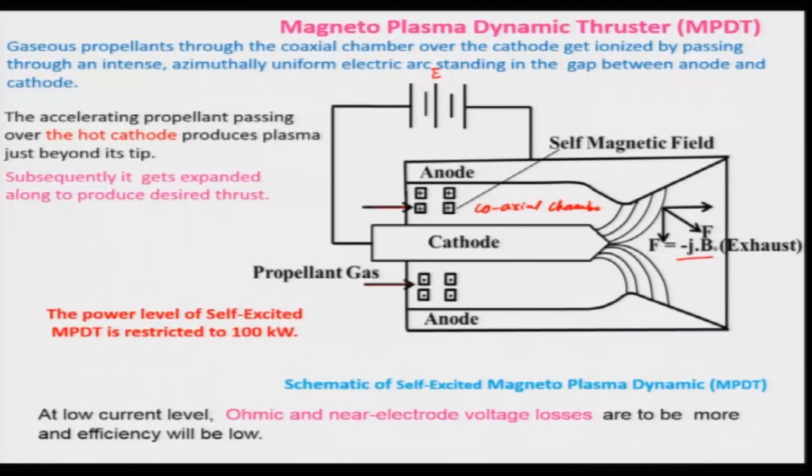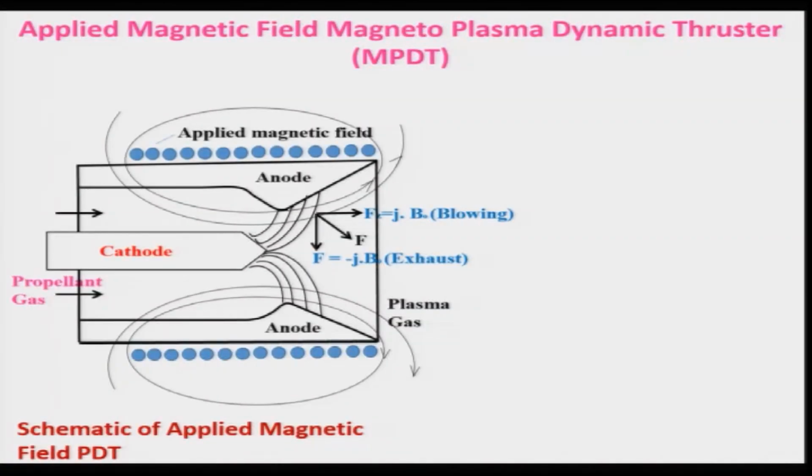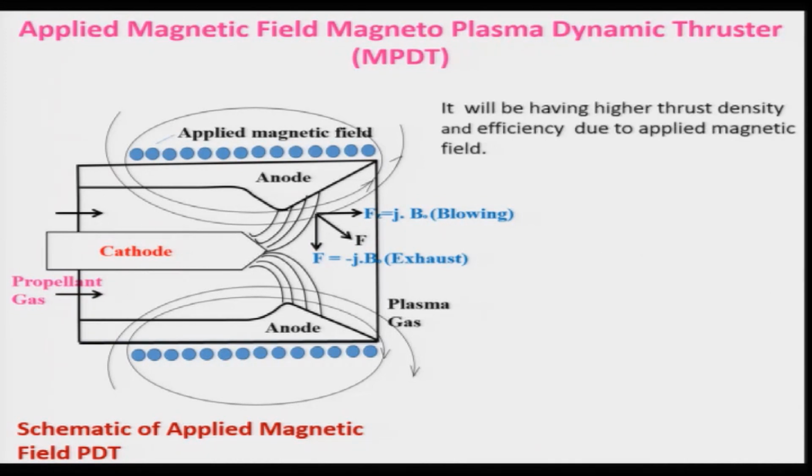In order to augment this further, what is being done is you use an applied magnetic field, which will accelerate the plasma further, such that you get higher thrust or velocity.